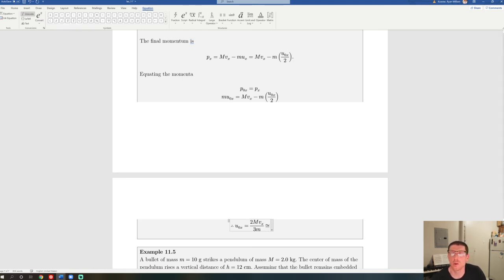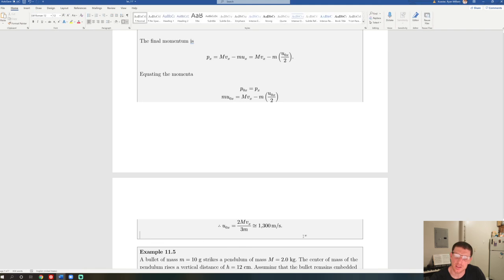Because you would probably expect, based on your everyday experience, that you would have to throw a golf ball pretty darn fast at a car to get it moving. And what I found numerically was that this worked out to be about 1,300 meters per second. So you couldn't do this, right? Well, I don't want to tell you what you can and can't do, but in all likelihood, your average person couldn't do this. This is pretty fast.